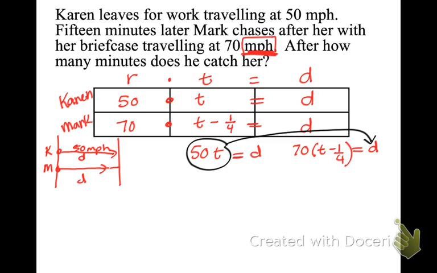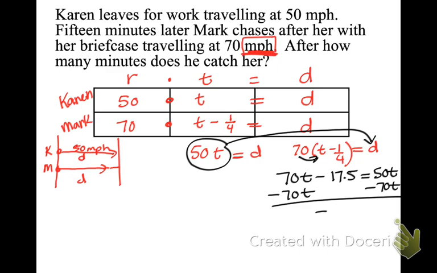Okay, so now I'm going to distribute. 70T minus 70 over 4 is 17.5 equals 50T. And then how about if I subtract 70T? And we end up with negative 17.5 equals negative 20T.